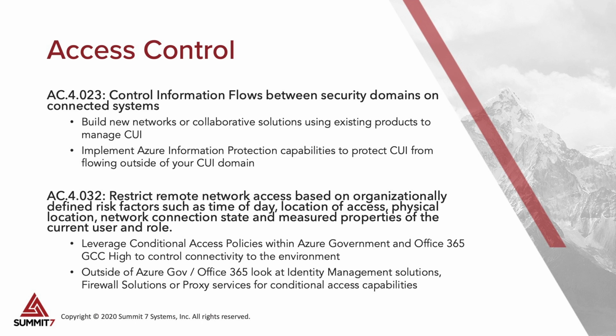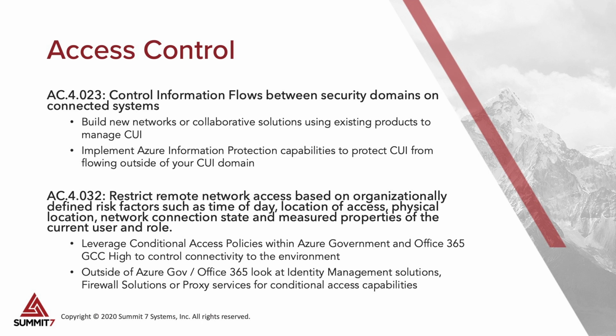On .3.2, restricting network access, this is a really easy one from an Office 365 standpoint and an Azure standpoint because they have a very strong conditional access policy capability built into Azure Gov and Office 365, okay? So this is something that we rely on heavily as we are configuring our environments, to use those conditional access policies.